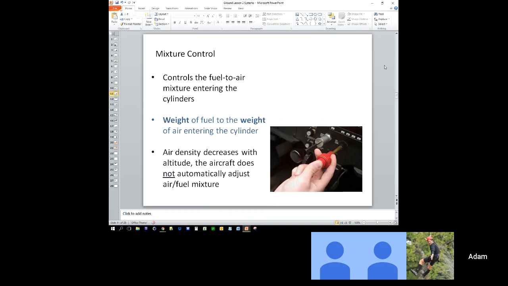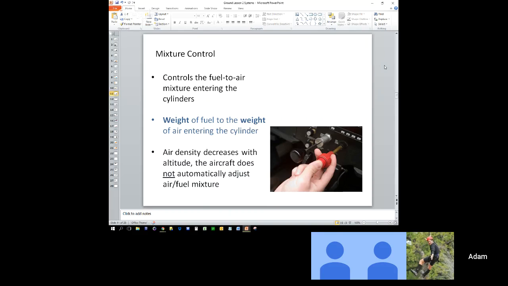So if somebody asks you to define fuel-to-air mixture for your airplane, you're going to tell them it's the weight of the fuel to the weight of the air entering the cylinder, entering the engine. And the pilot controls the weight of the fuel entering that mixture with the mixture control. It's the red-handled throttle-like mechanism in the cockpit.